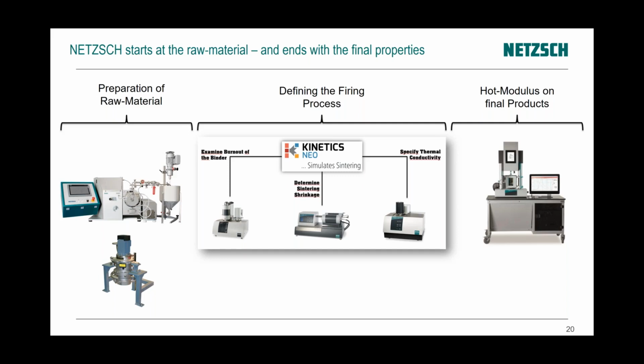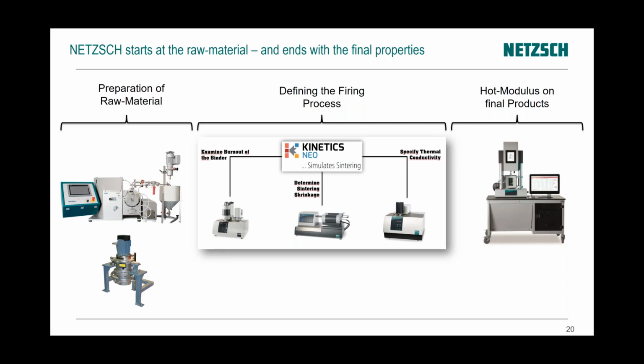And of course, the particle size is also an important input parameter which can help you to optimize the sintering process. So it is also possible to simulate the behavior of your sintering depending on the particle size of your raw material. This is an important factor for the quality of your products.